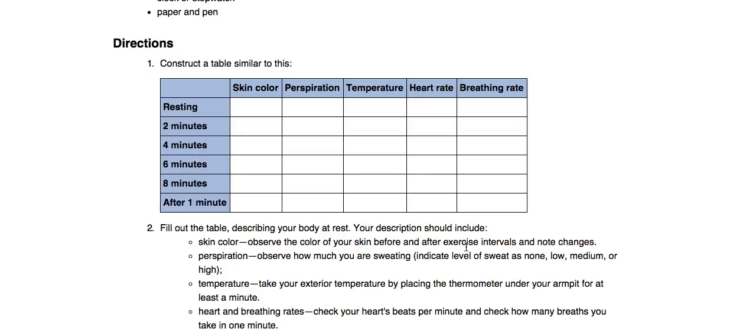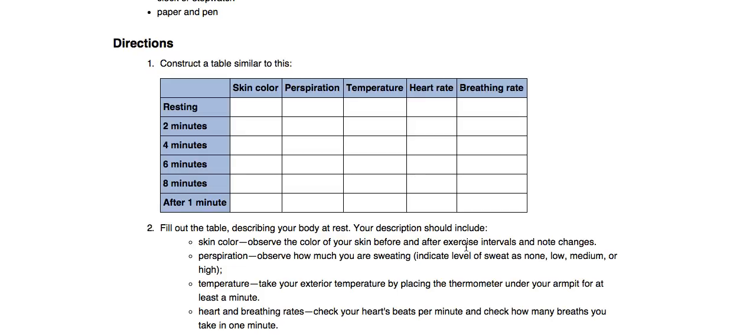Check your skin color, check your level of perspiration. If you're calm and you're not doing anything, you shouldn't have any sweat. Your exterior temperature: if you don't have a thermometer, you can improvise.